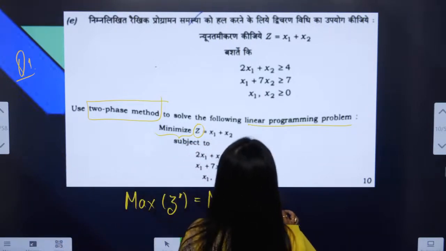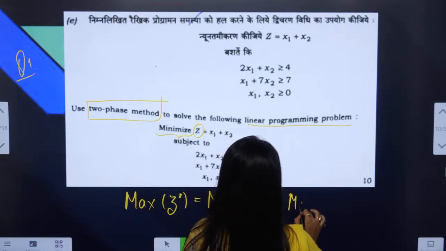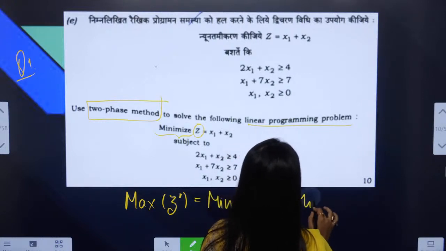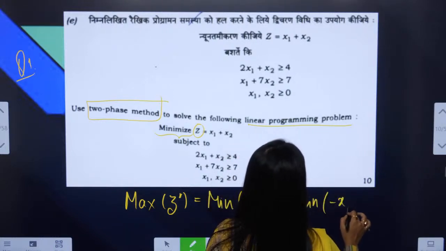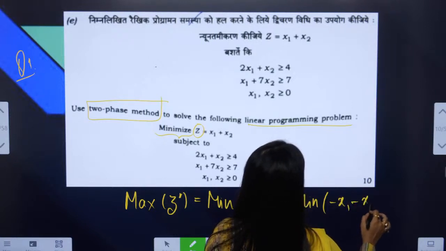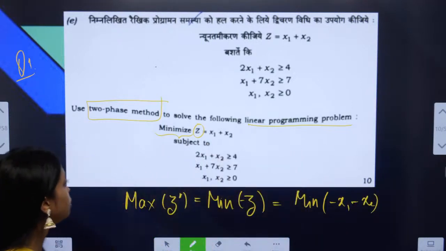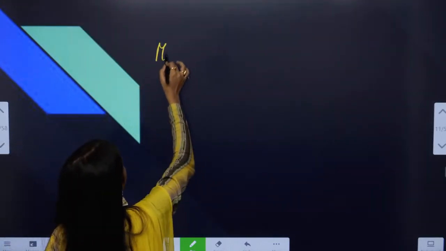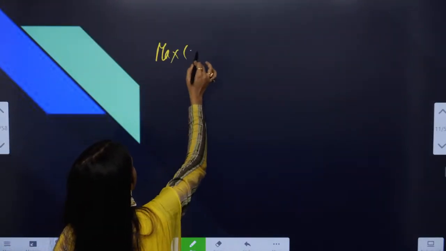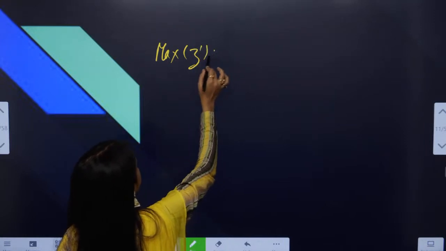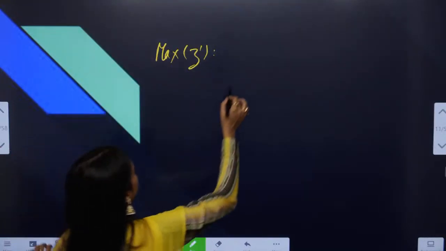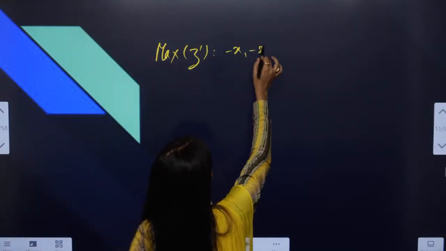So, it becomes minimum value of minus x1 minus x2. So, basically you are solving the problem maximum of z prime, and that z prime is minus x1 minus x2.